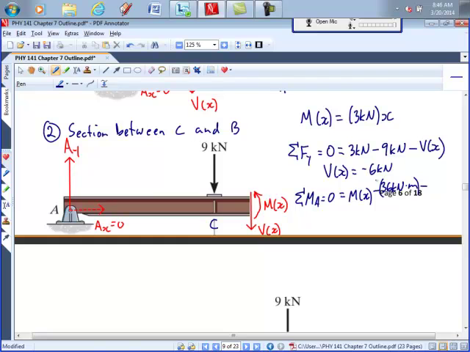Since Vx is negative, that actually makes that plus 6 kilonewtons times x. Okay, so if I solve for the bending moment as a function of x, what do I get?